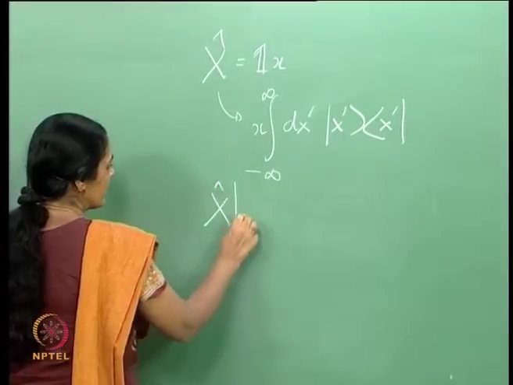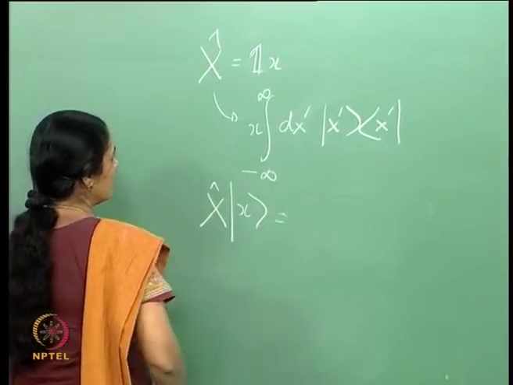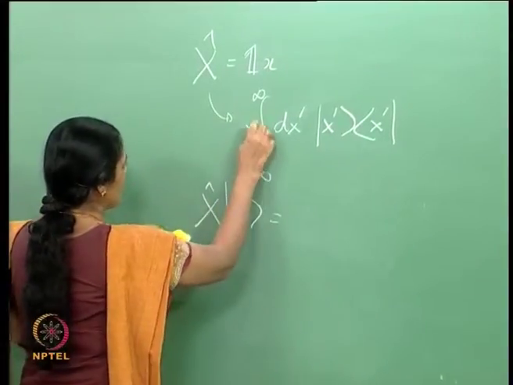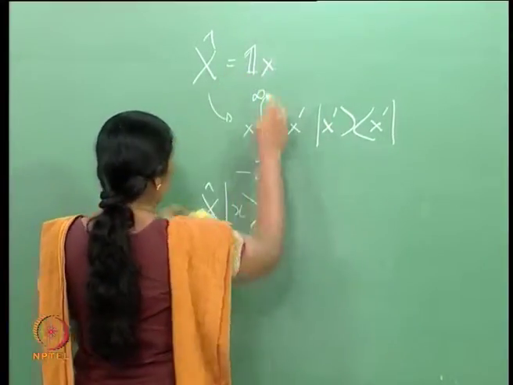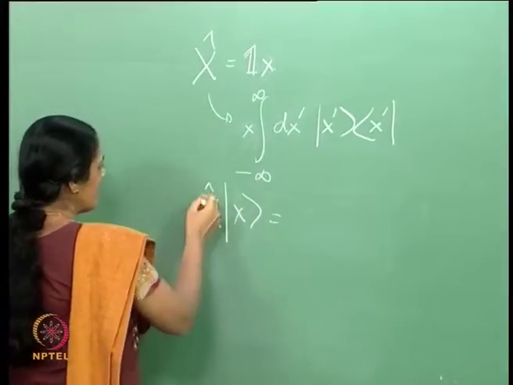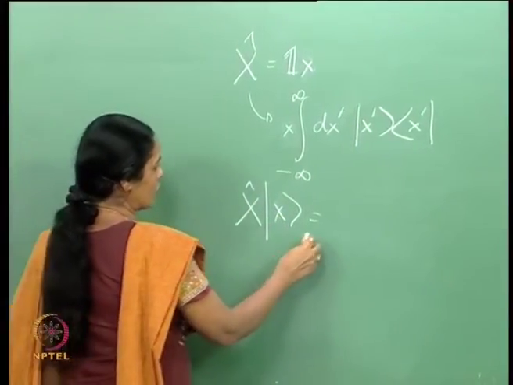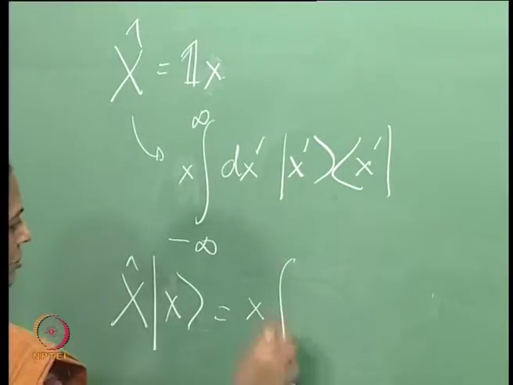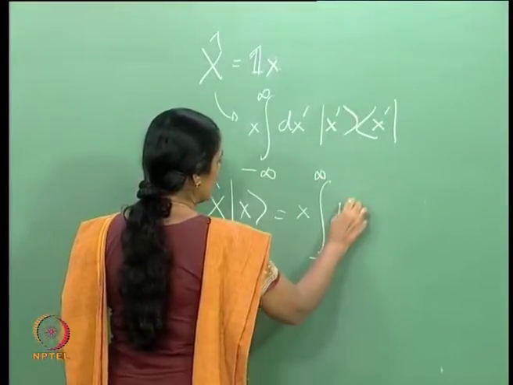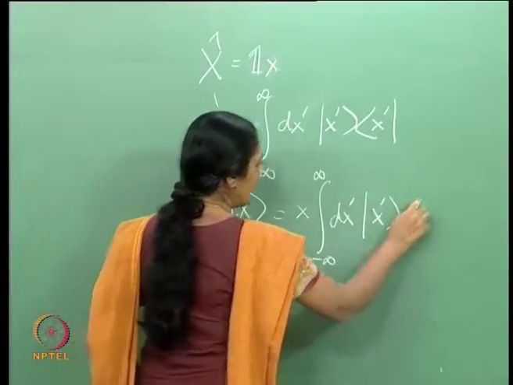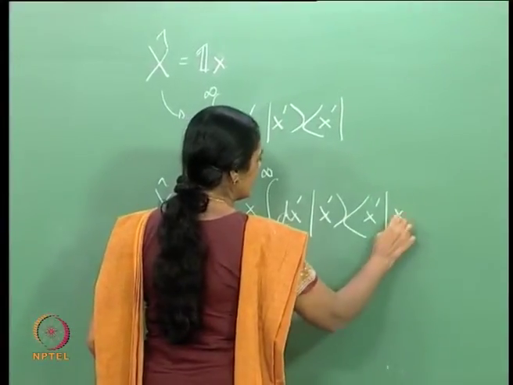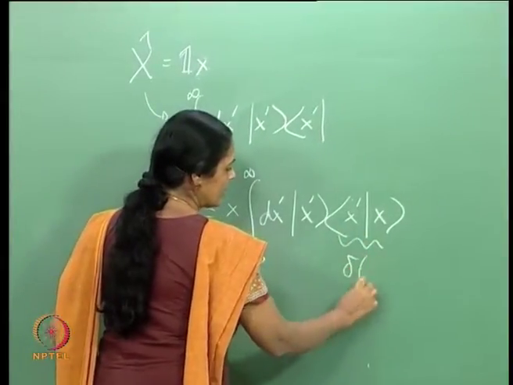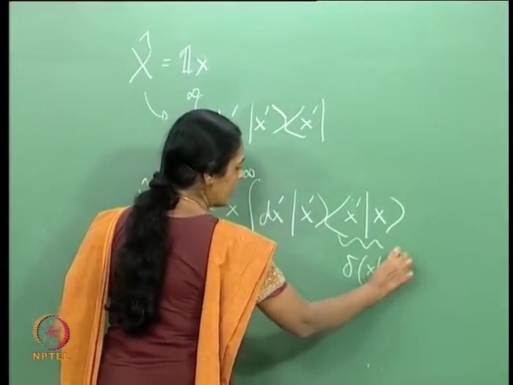So, what happens when, let us call this all the same, that is x. What happens when the operator acts on the position basis? There is this variable x, dx prime, and then I have this object, and that is a delta x prime minus x.